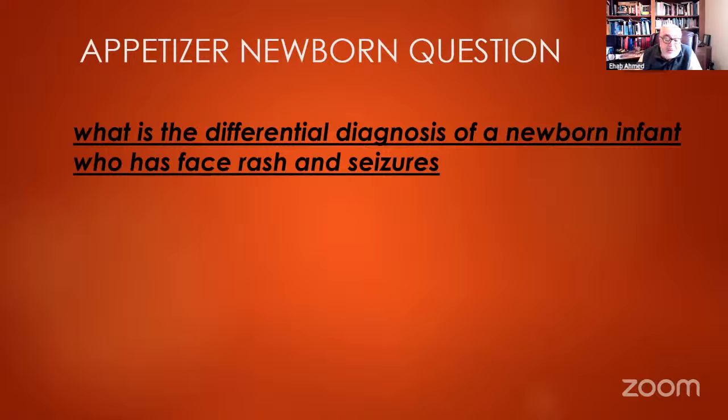What other major item under which we can find some problems? Infections, neurocutaneous syndromes, metabolic. What is the metabolic disease that can present with rash and seizures?